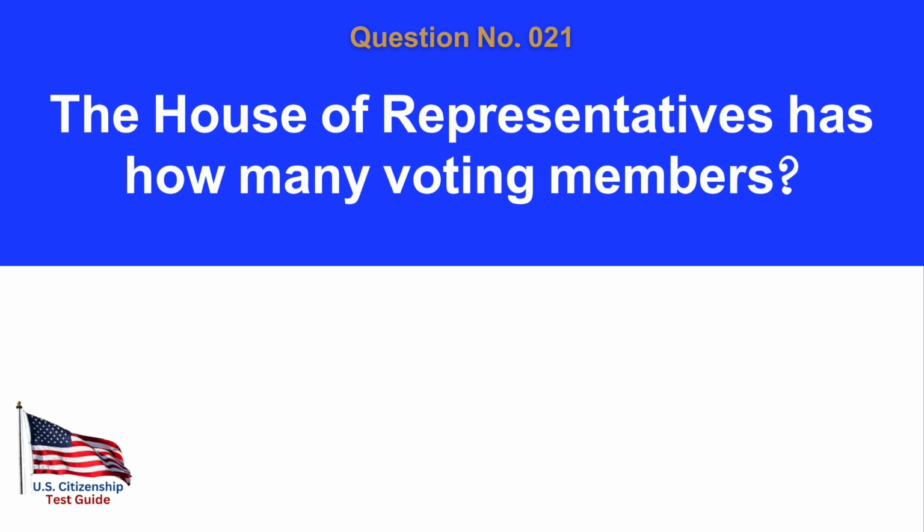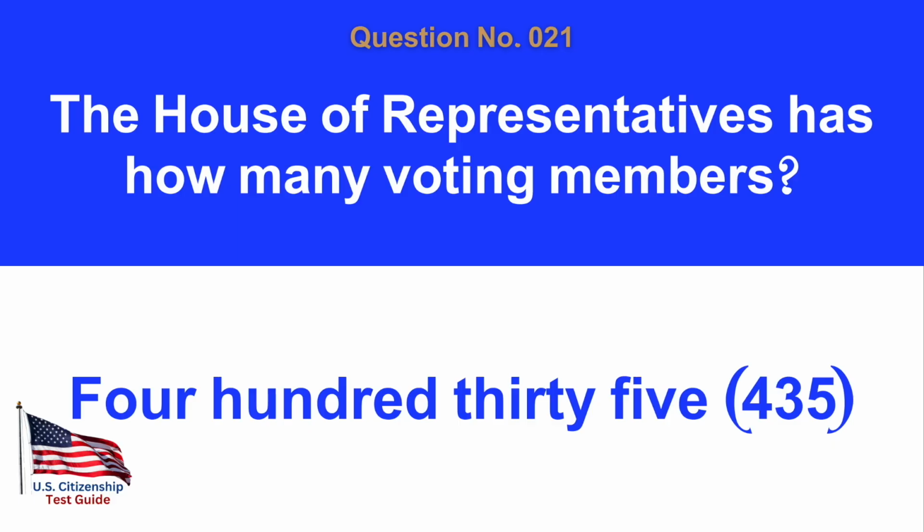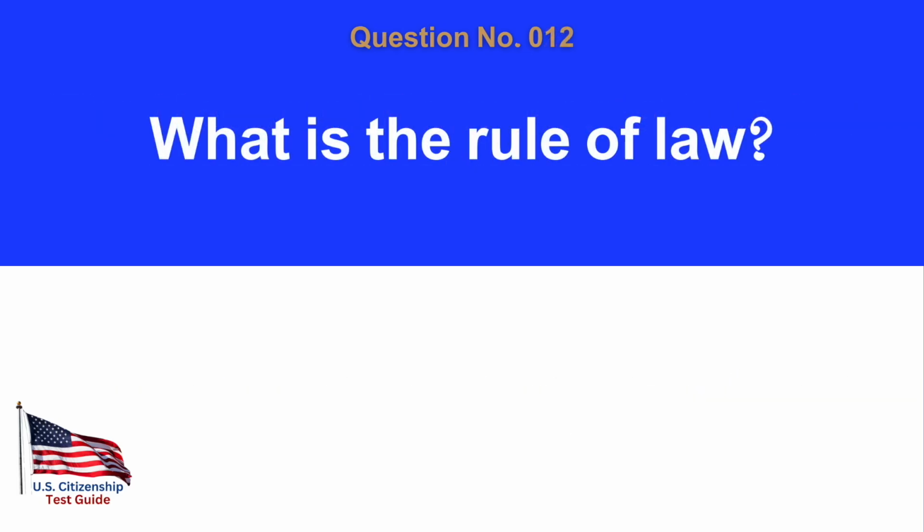The House of Representatives has how many voting members? 435. What is the rule of law?